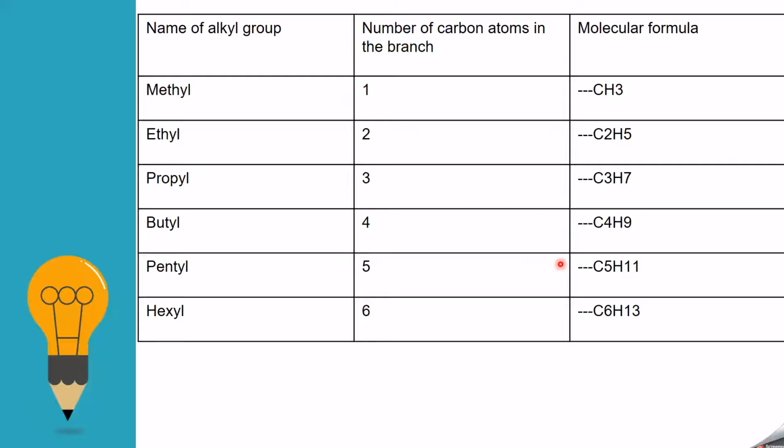You'll be able to use this in the further video called nomenclature, but if you memorize it now, it will be much easier later on. You can then work out the names of each of the hydrocarbons in the fractional distillation column, but for now, let's just memorize this. Methyl contains one carbon atom in the branch, ethyl contains 2 carbon atoms, propyl 3, butyl 4, pentyl 5, hexyl 6.